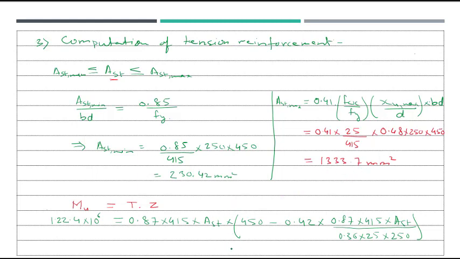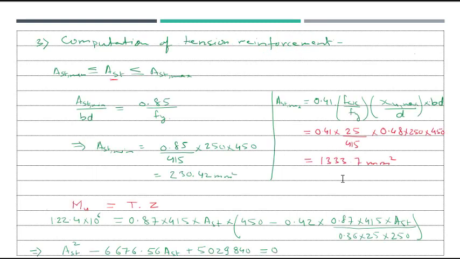Once you simplify this expression, the quadratic equation you get is AST square minus 6676.56 AST plus 5029840 equal to 0.